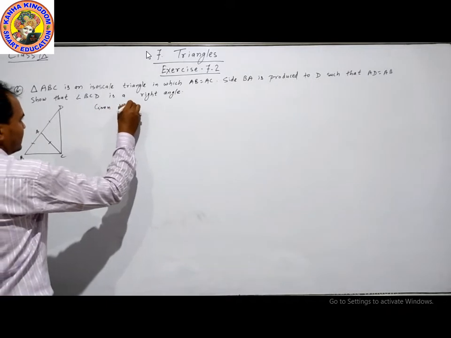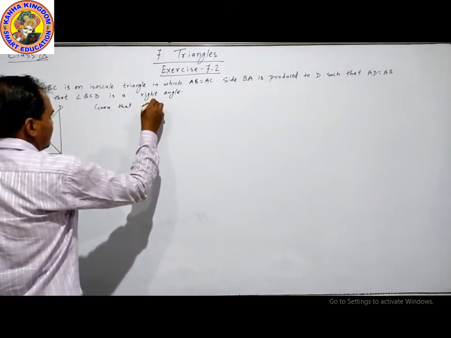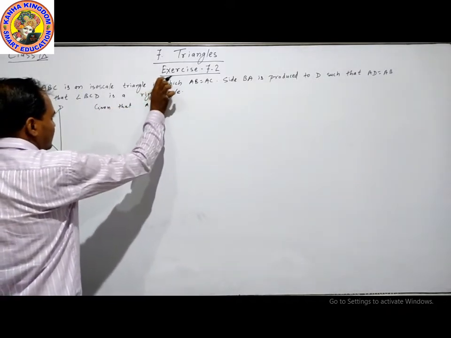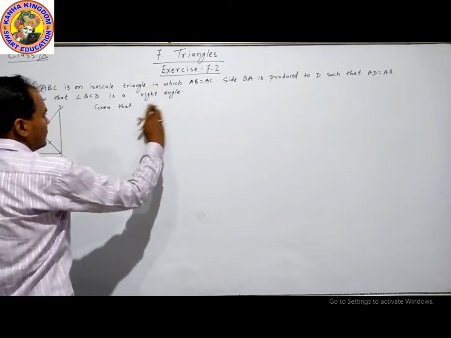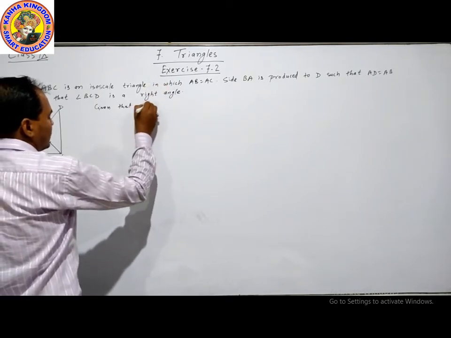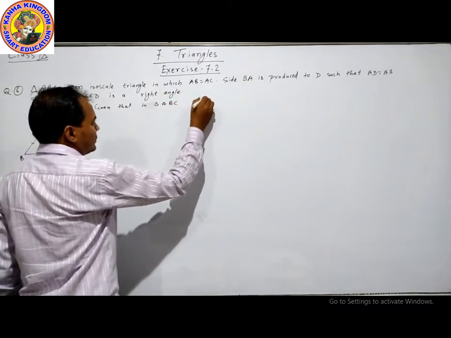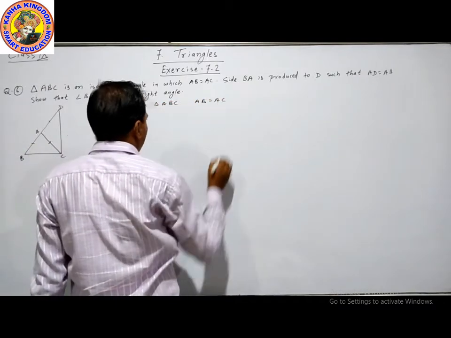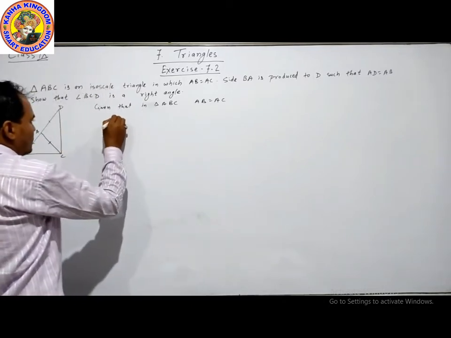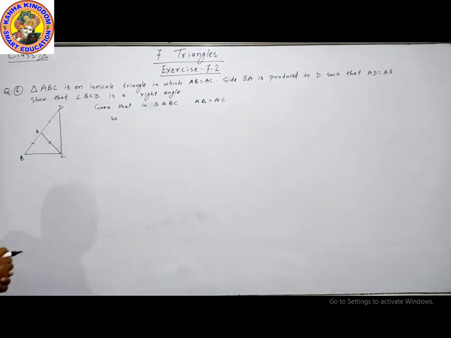Given that in triangle ABC, AB is equal to AC. In an isosceles triangle we know that if two sides are equal, then the respective angles are also equal.